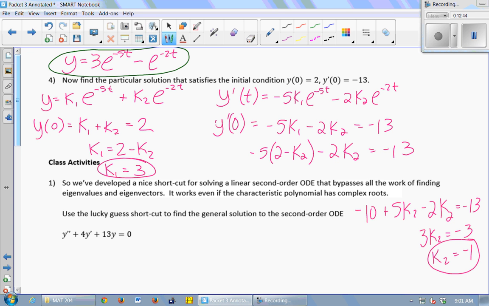So we have developed this nice shortcut for solving a linear second order ODE. You can just immediately convert to the characteristic polynomial. And let's go back once really quick.